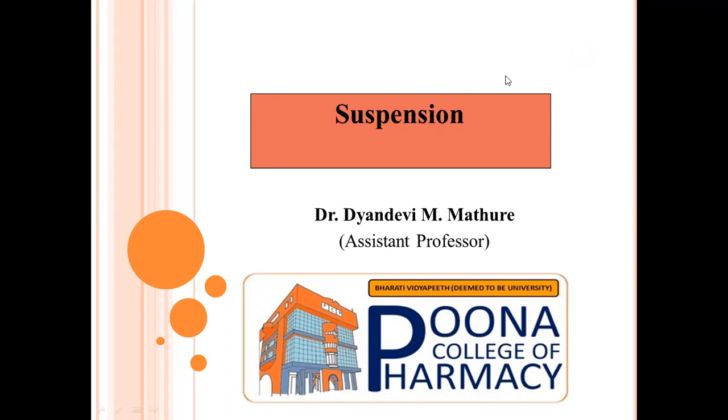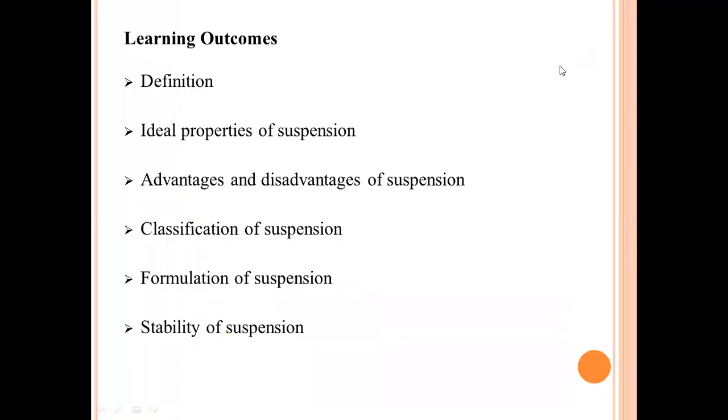Now basically, the learning outcomes or learning objectives under suspension. First of all, we'll discuss the definition of suspension. Then we'll discuss the ideal properties of suspension, advantages and disadvantages of suspension.